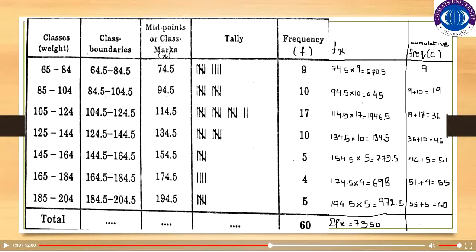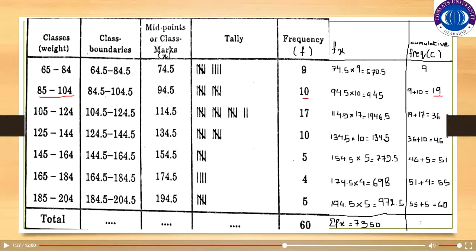What happened in the next class, second class, when we have frequency 10 corresponding to the second class, it means there are 10 observations in this class, 85 to 104. But when there is a cumulating frequency 19 corresponding to the same class, what does it represent?